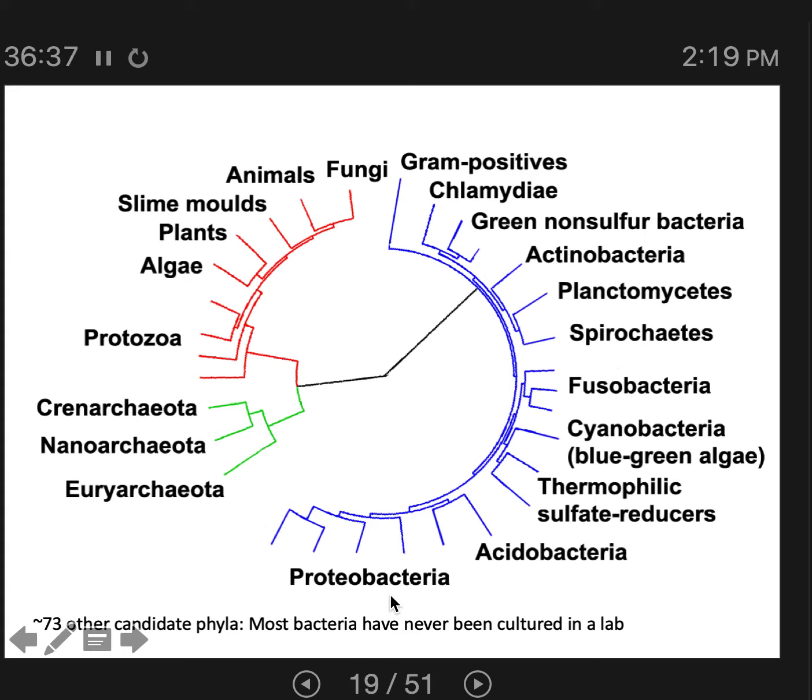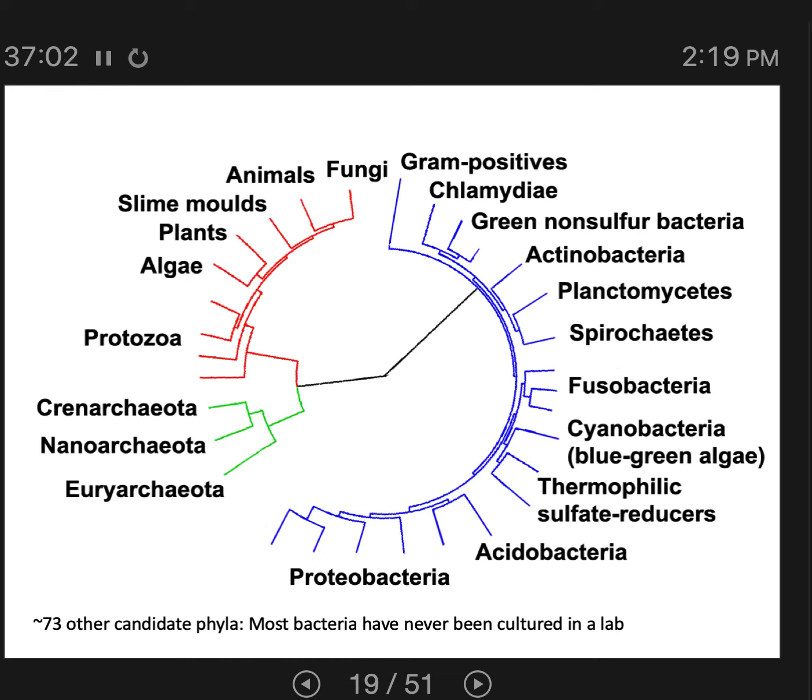These are the phyla for which we can culture at least one species of bacteria. But there are about 73 candidate phyla, which are phyla that have been shown to exist through DNA sequence data, many of whose sequences show up repeatedly and consistently in DNA sequencing efforts, but for which not a single species can be cultured in a lab.